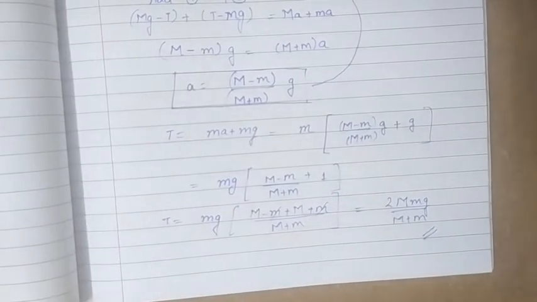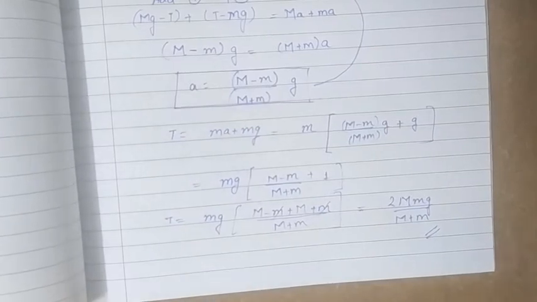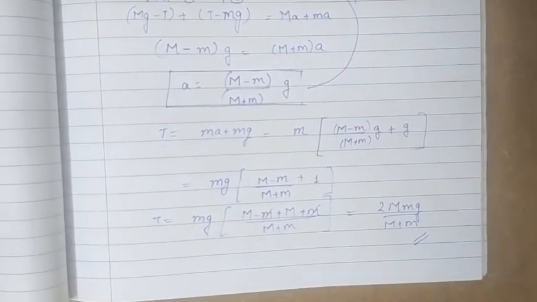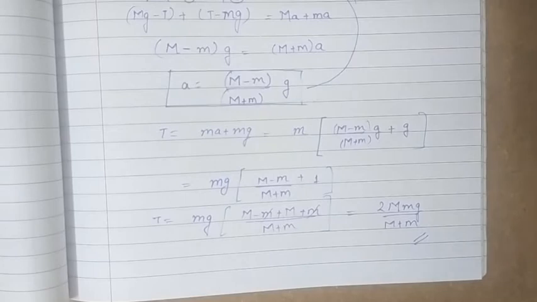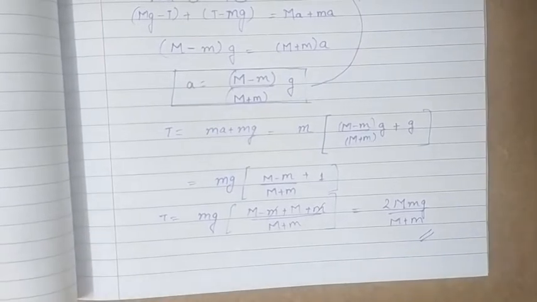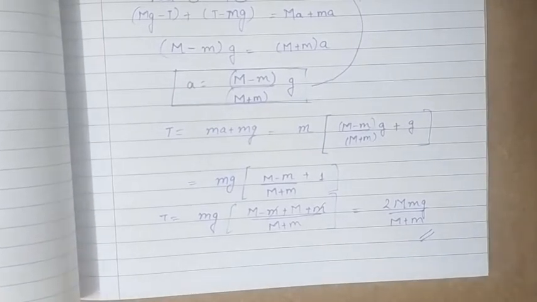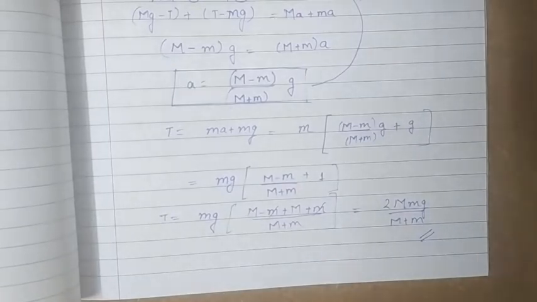Basically the concept is: write the equations for force, add those equations to eliminate T and find acceleration, and then substitute that value in any of the equations to find the tension. The rest we will discuss according to the question, what you need to find in your question and how we can work it out. So let's move to the questions for this topic.